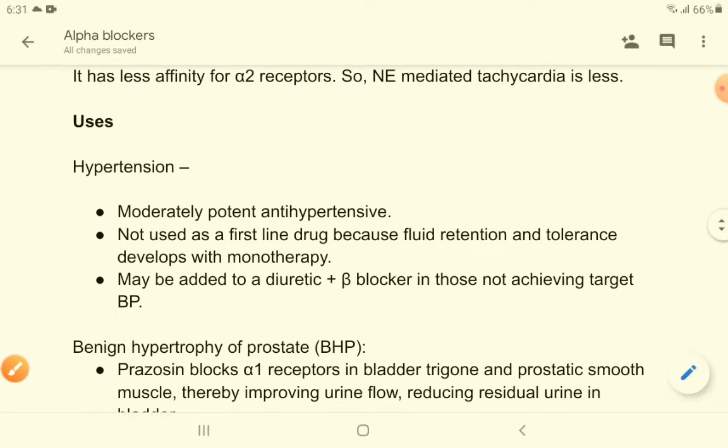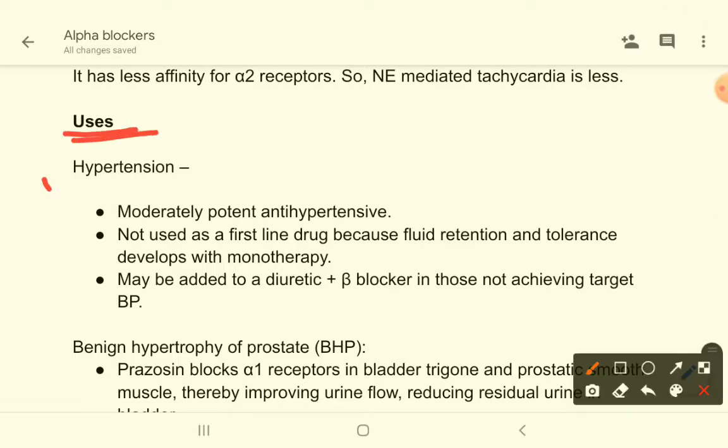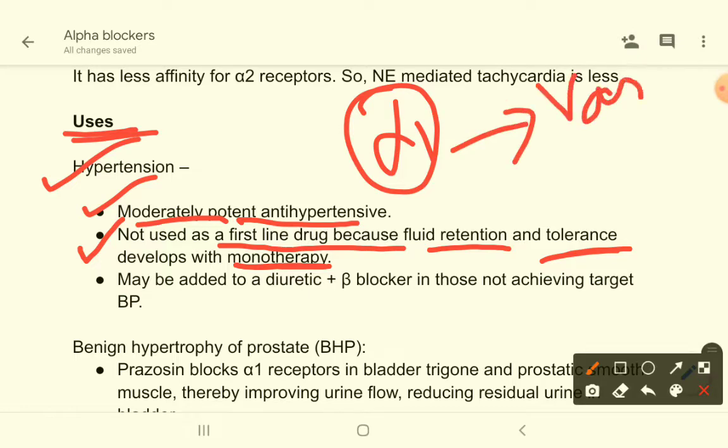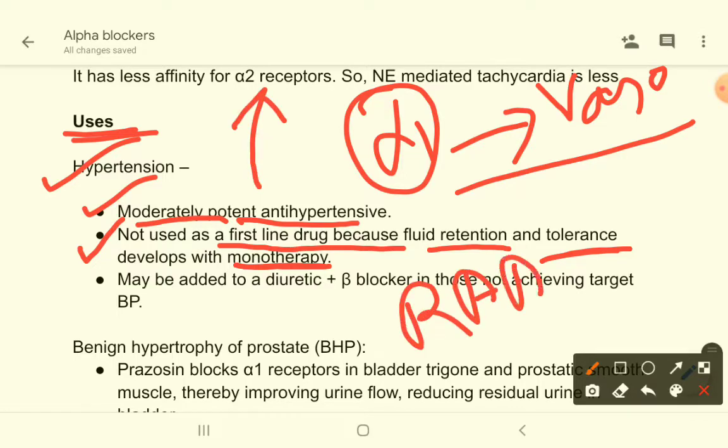Okay, where can we use these drugs? In case of hypertension, this is a moderately potent antihypertensive, and it is not used as a first line drug because of fluid retention, okay, and tolerance, which develops with monotherapy. If you use this drug, if you block only the alpha 1 receptor mediated vasoconstriction, the body will increase the blood pressure by other mechanisms like the renin-angiotensin aldosterone mechanism that will be overactive.